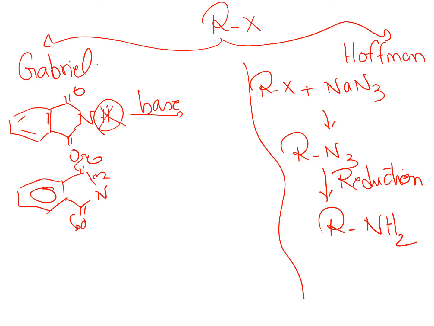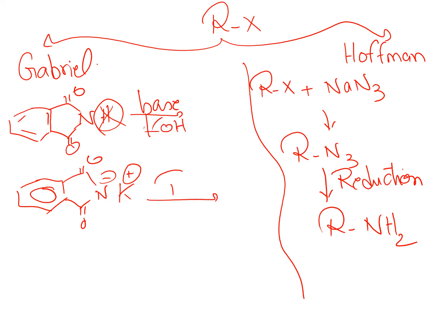We use a phthalimide. We add a base to phthalimide to put the negative charge on the nitrogen, and it will have a counter ion, which is the potassium or the sodium, whichever base you have used, if you're using potassium hydroxide, for example.